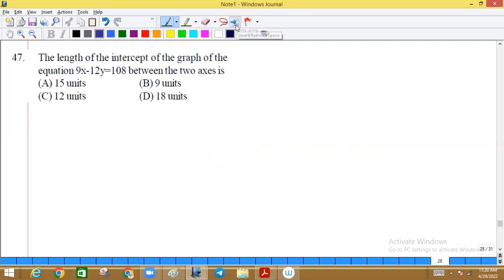The length of the intercept of the graph of the equation 9x minus 12y is equal to 108. Put y equal to 0, x is equal to 12. Put x equal to 0, y is equal to negative 9.